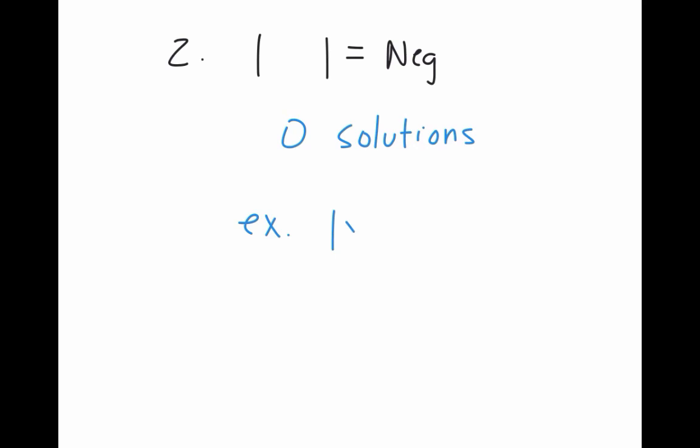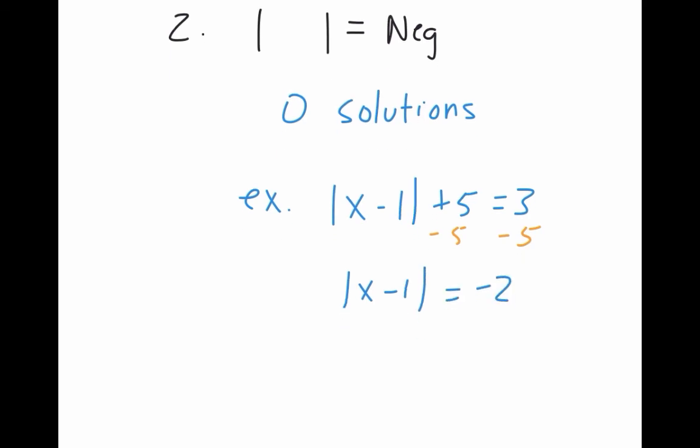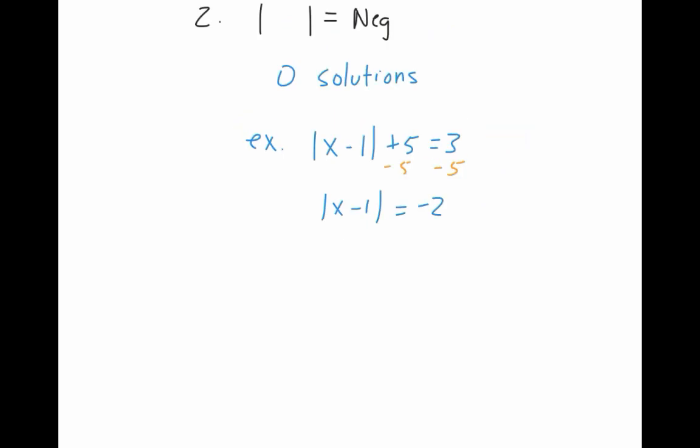So I have absolute value of x minus 1 plus 5 equals 3. So first step is to subtract 5 from both sides, and you get absolute value of x minus 1 equals negative 2. So now when you go to break this thing up, what in here could give me a negative 2?